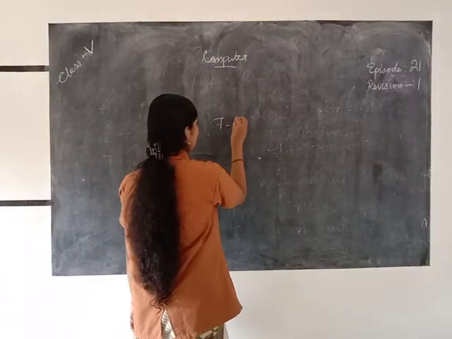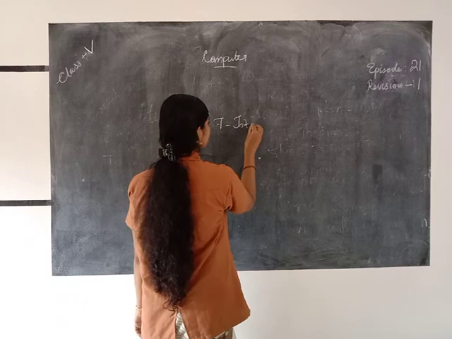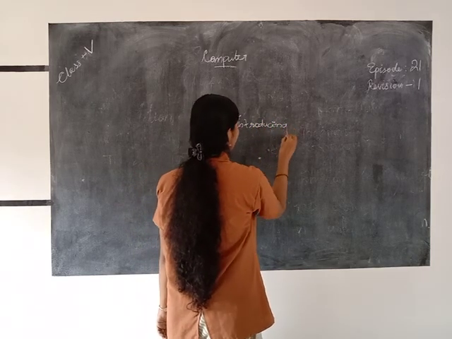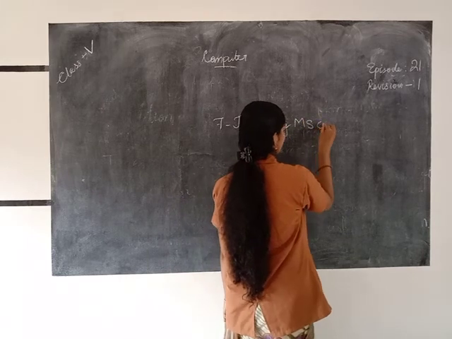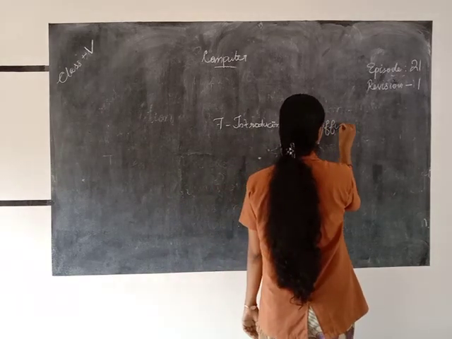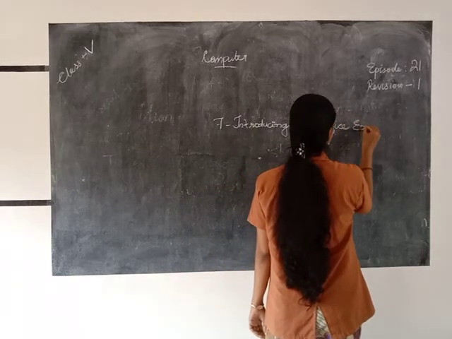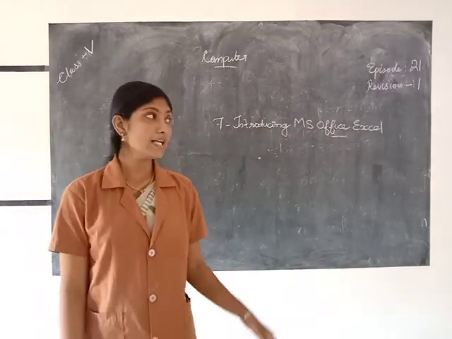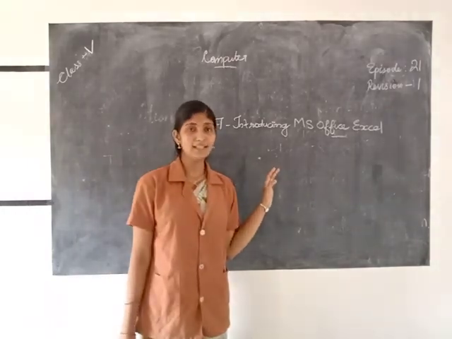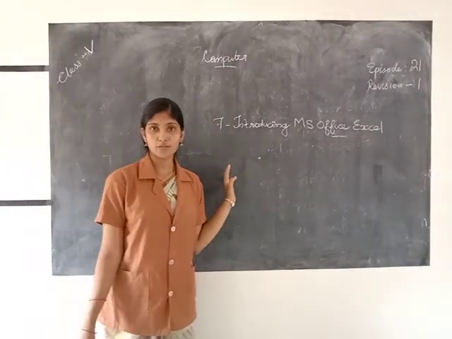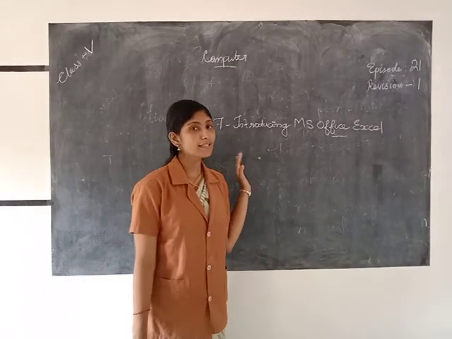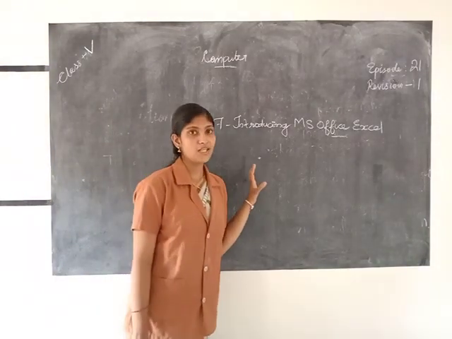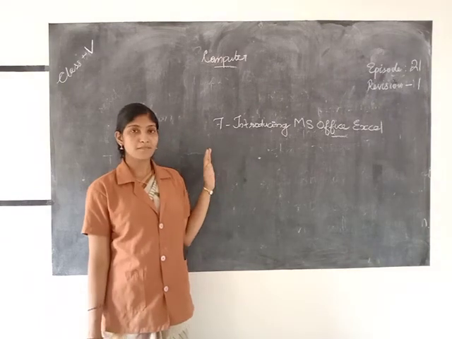Chapter 7, introducing MS Office Excel. So in this chapter, we have learned some important topics like how to use MS Office Excel, what are the components present in MS Office Excel, then some features of Excel like auto sum, sorting.